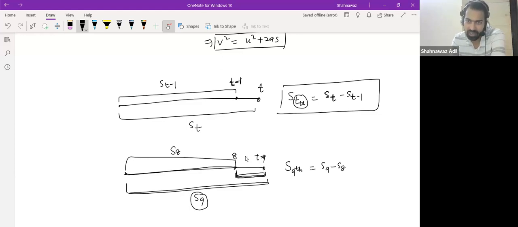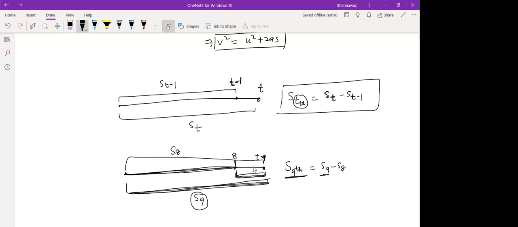Or if I write the numbers to make it more clear, if I want to calculate the distance traveled in the 9th second, what I have to do is calculate the total distance traveled in 9 seconds, and then subtract the distance traveled in 8 seconds. So the distance traveled within 9 seconds minus the distance traveled in 8 seconds gives me the distance traveled in the 9th second. Okay, is this part clear to you guys?